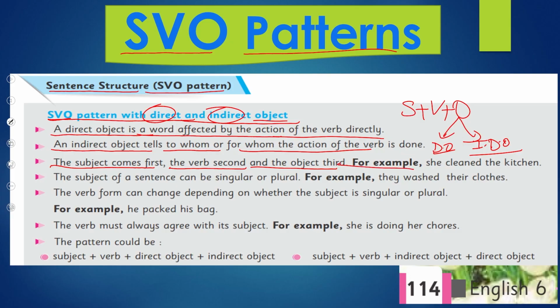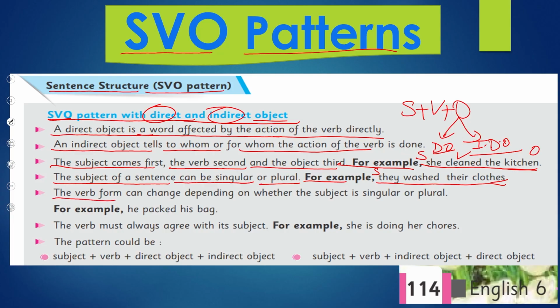For example, she cleaned the kitchen. She is the subject, cleaned is the verb, and kitchen is the object. The subject of a sentence can be singular or plural. For example, they washed their clothes. They is plural, and clothes is also plural.